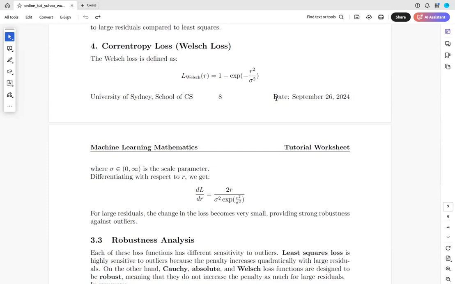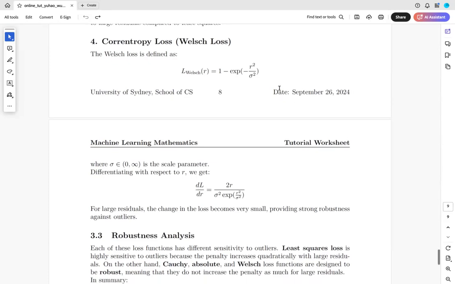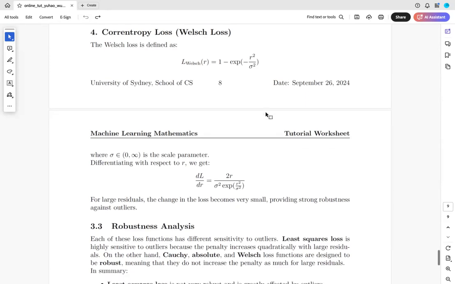One is a controllable robustness, and the other is robustness related to the variance of the error.